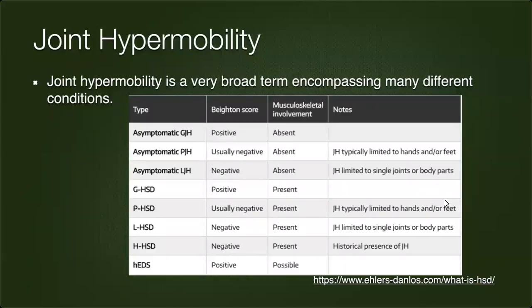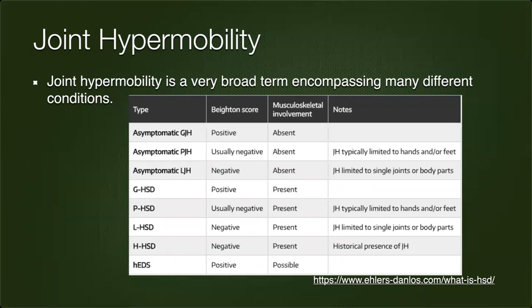Moving forward, joint hypermobility is basically a very broad term that encompasses many conditions. You have everything from asymptomatic generalized joint hypermobility, in which case people are very flexible but don't have any systemic symptoms or any symptoms. You have asymptomatic peripheral, that's generally your elbows and your knees, and asymptomatic local.